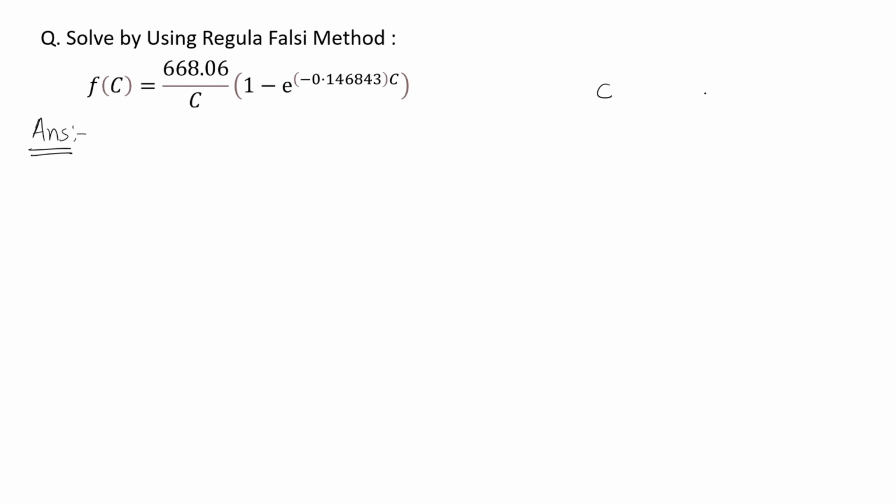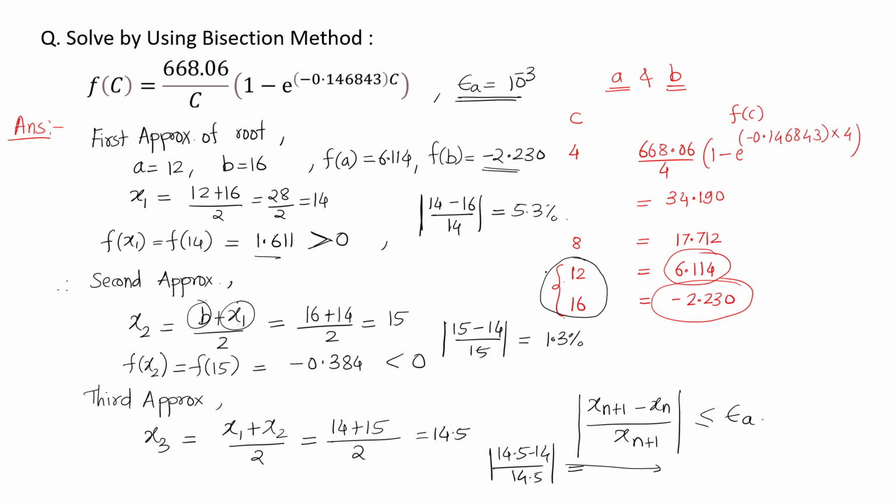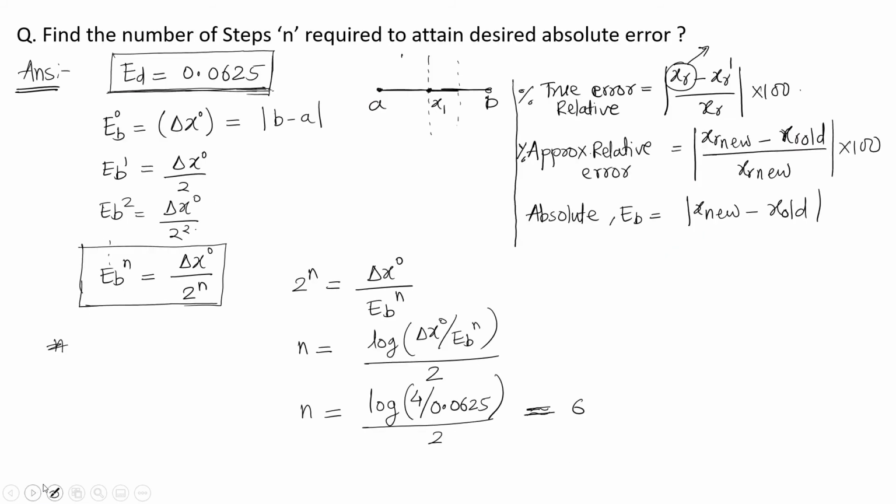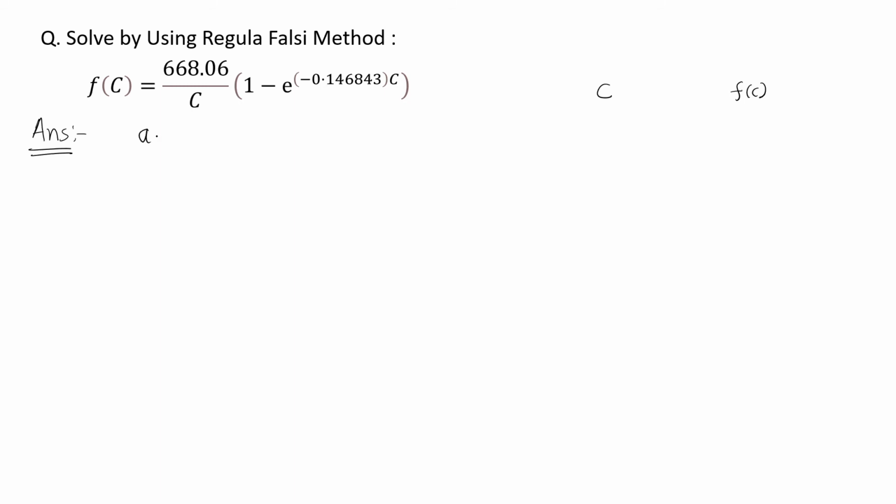We require values such that the function values have opposite signs, and as we have seen in this example, at 12 and 16 we get function values with different signs, so we will continue with those. So a is equal to 12 and f of a is equal to 6.114, b is equal to 16 and f of b is equal to minus 2.230.